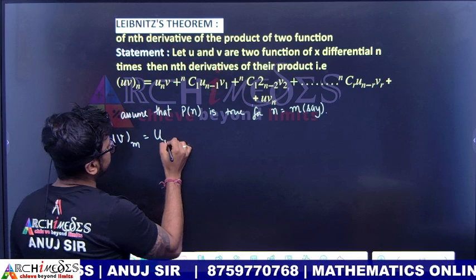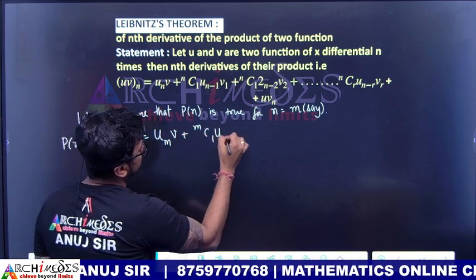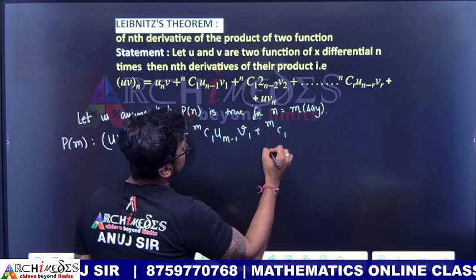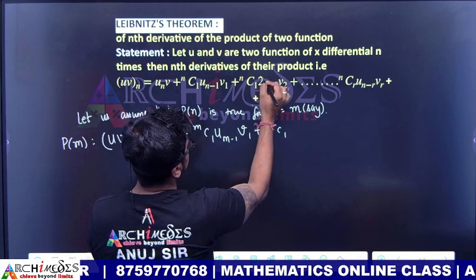So it is um v plus mC1 u(m-1) v1 plus mC2 u(m-2) v2. Okay, this is 2, this is mC2.